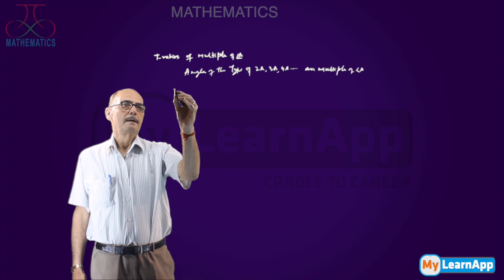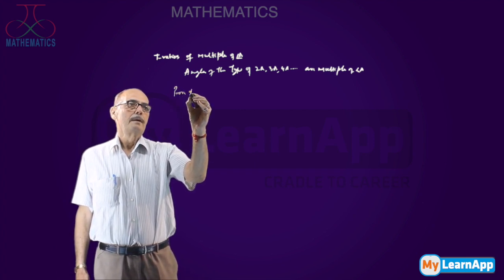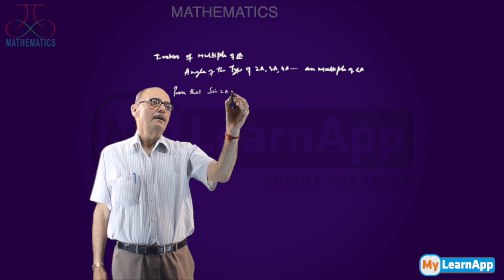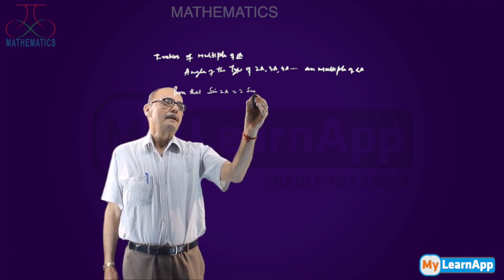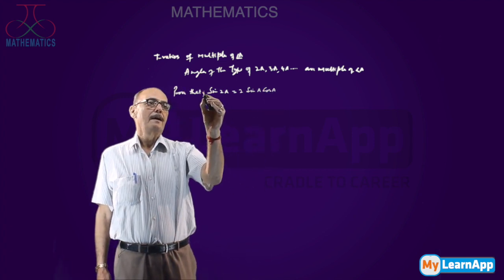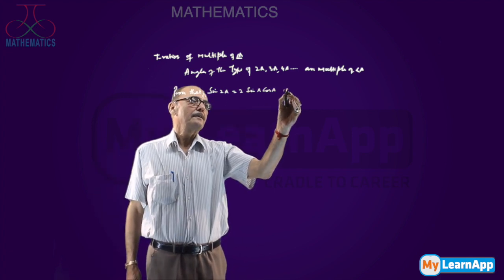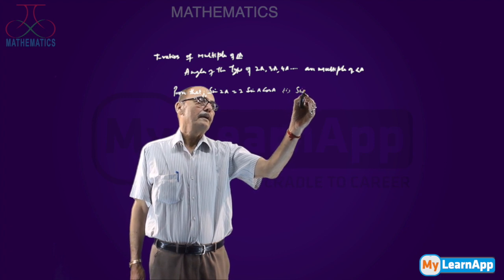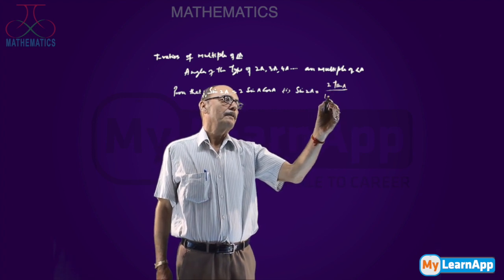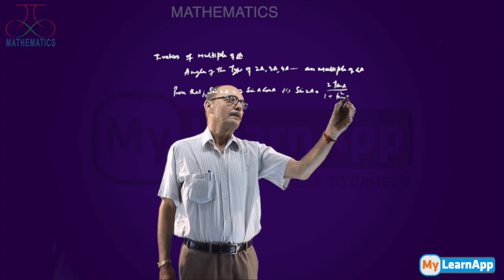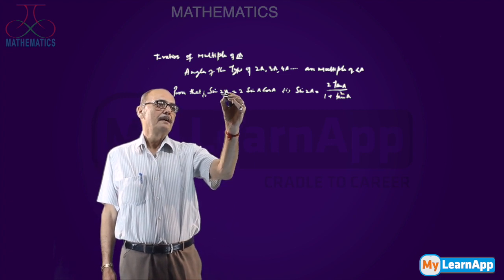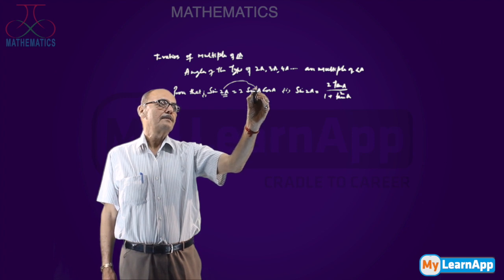Prove that sin 2A equals twice sin of A cos of A, and the second result in this is sin of 2A in terms of tan A divided by 1 plus tan square A. Well, if it is 2A here, half of this will come with sin.